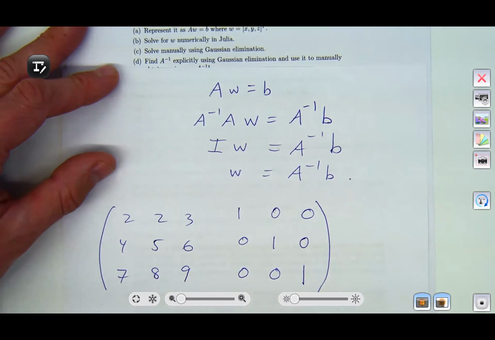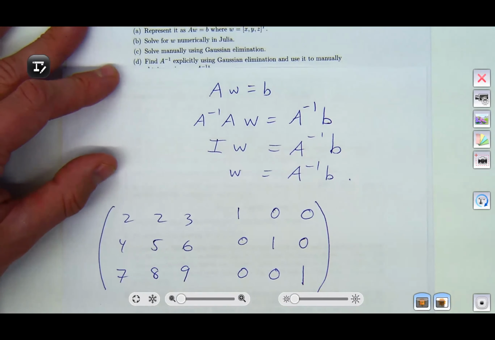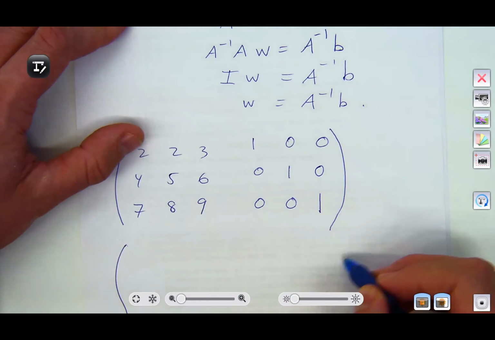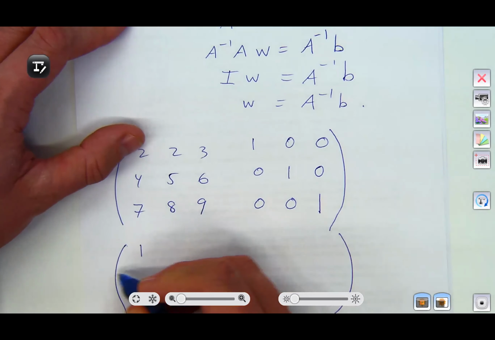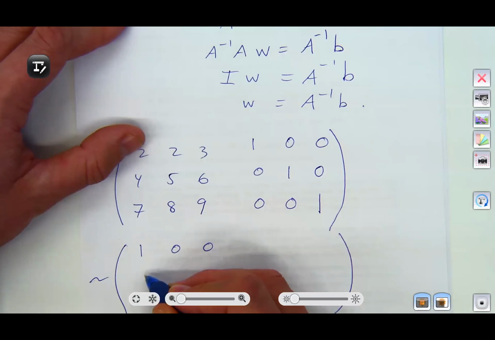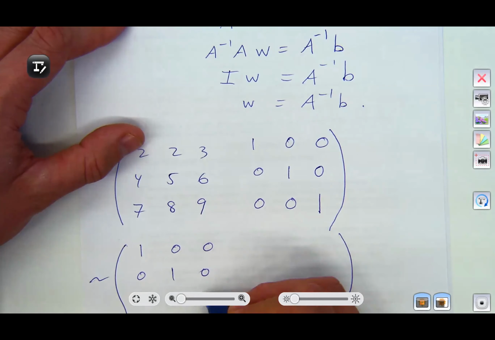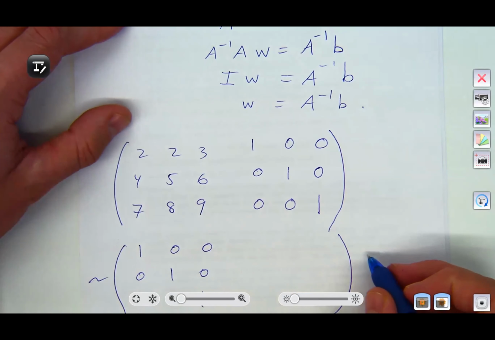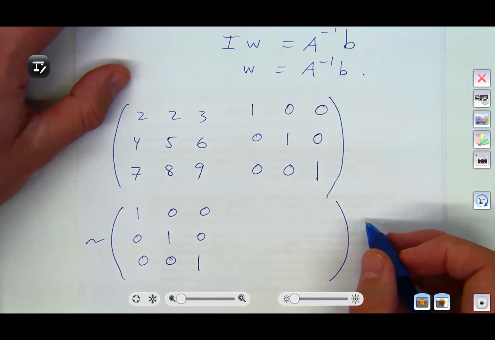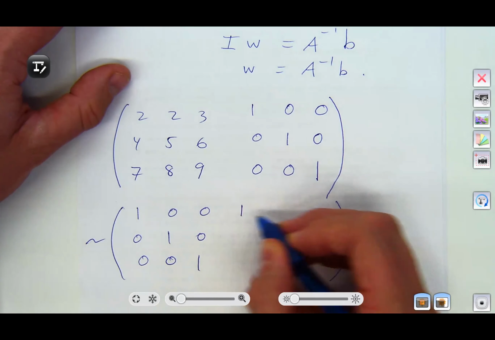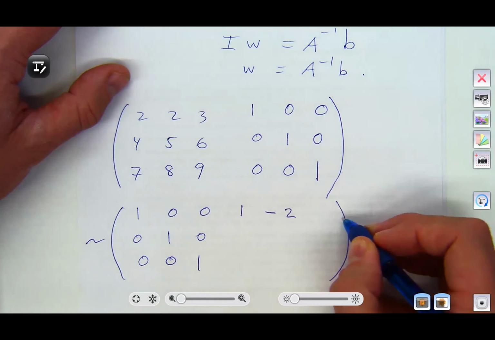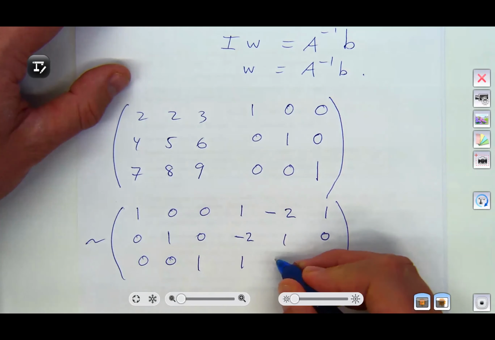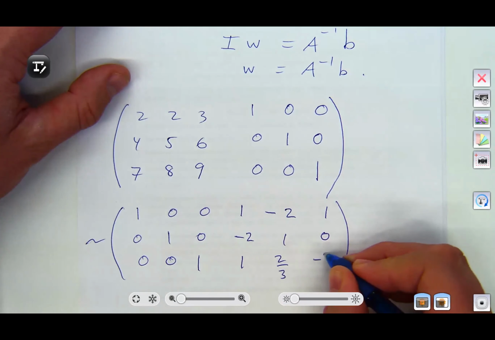And we row reduce, okay? So when you're done, what you'll get is the identity on the left. And on the right-hand side, you will have the inverse of the matrix A. And in this case, this inverse is 1, minus 2, 1, minus 2, 1, 0, 1, 2/3, minus 2/3.